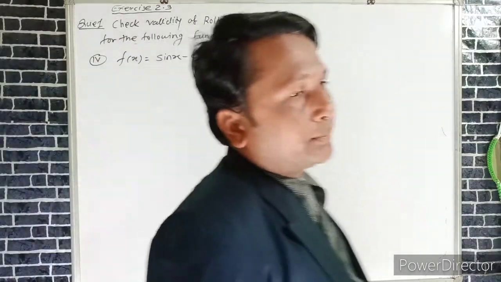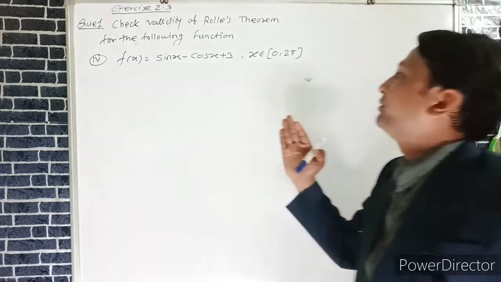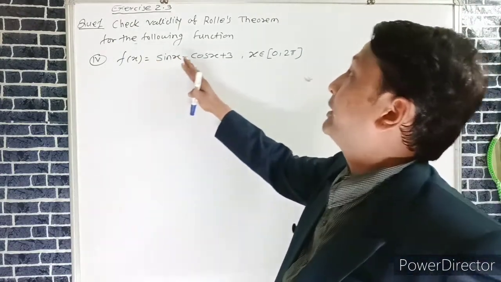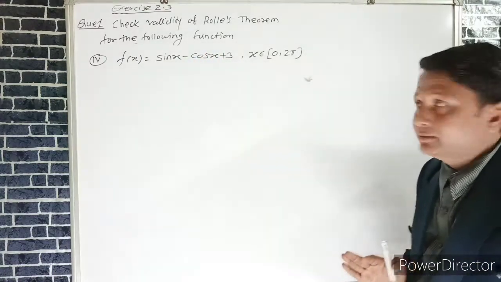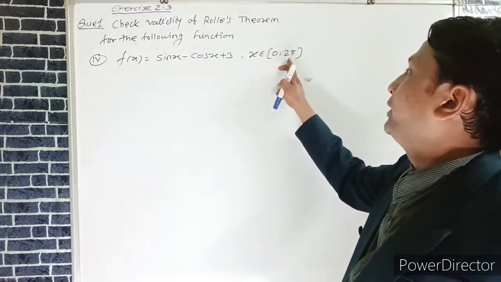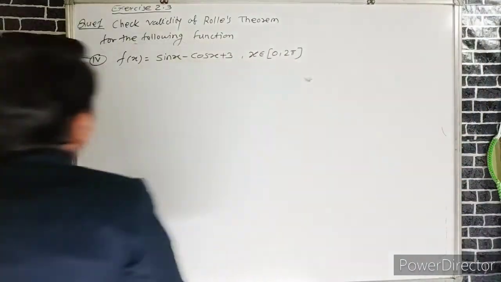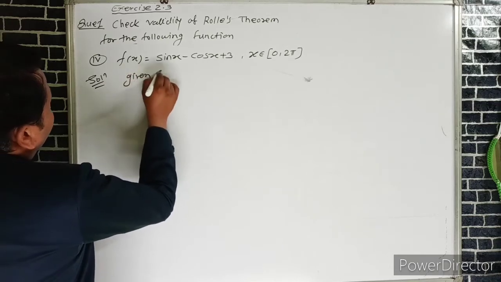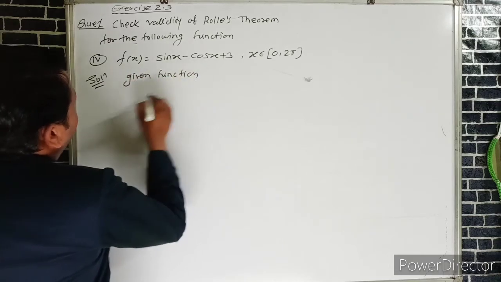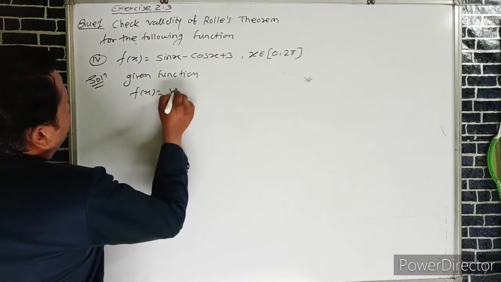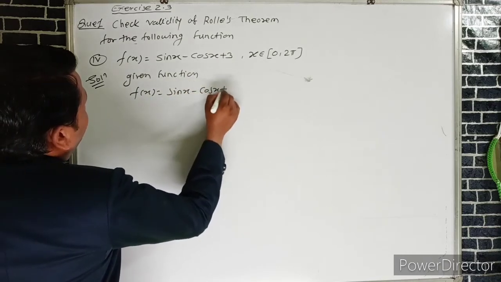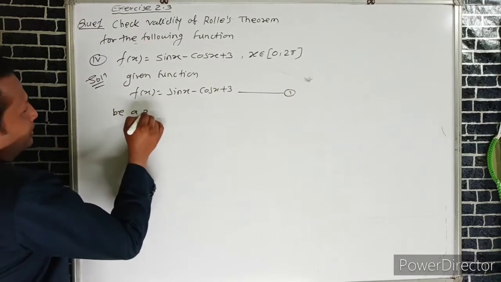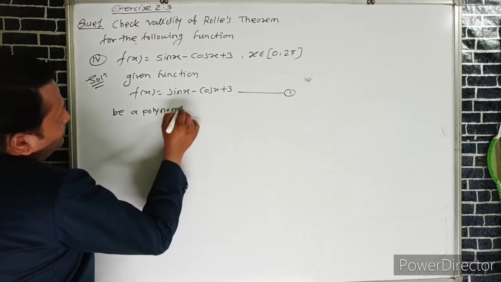So again, in example number 4, we have to check the validity of Rolle's theorem, and the given function is f of x is equal to sin x minus cos x plus 3. Here x is in between 0 and 2 pi. To check the validity of Rolle's theorem, first we write the given function f of x is equal to sin x minus cos x plus 3, which we call equation number 1, a polynomial function.